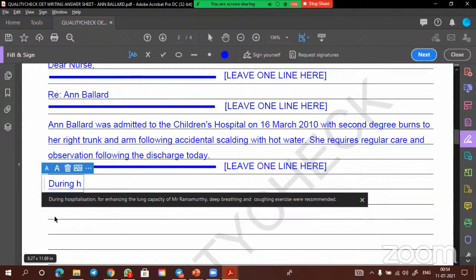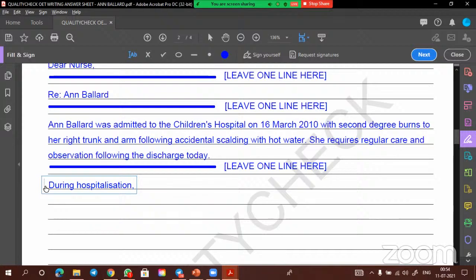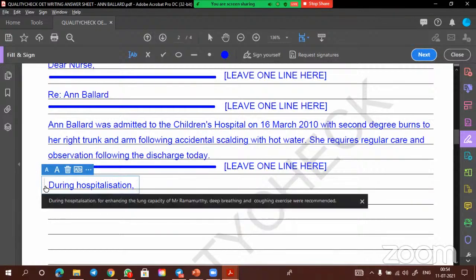That means all the period till discharge. During hospitalization, you have to put a comma. After every phrase you have to put a comma because the subject comes after the comma. Before the comma, there is no subject.